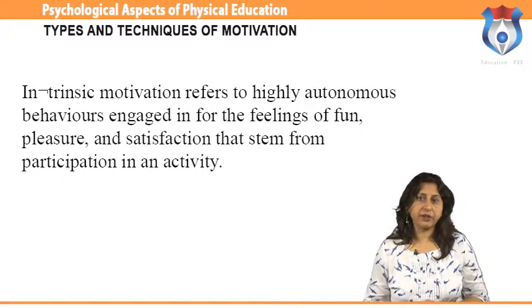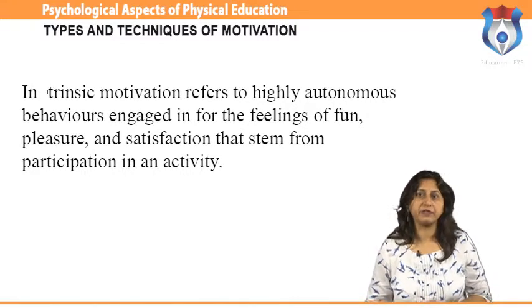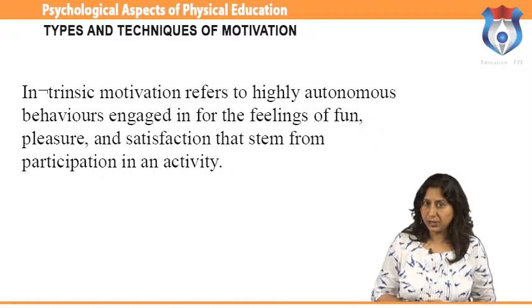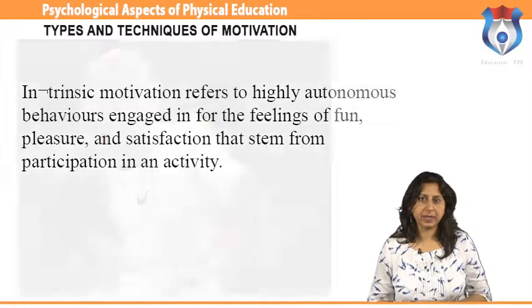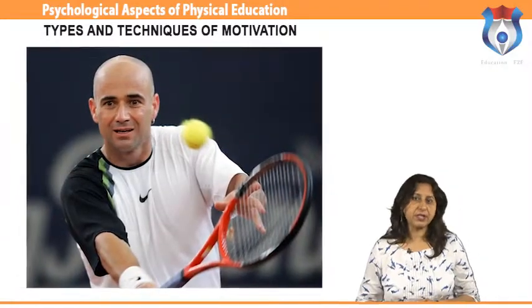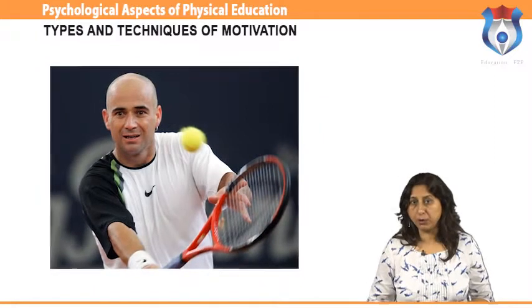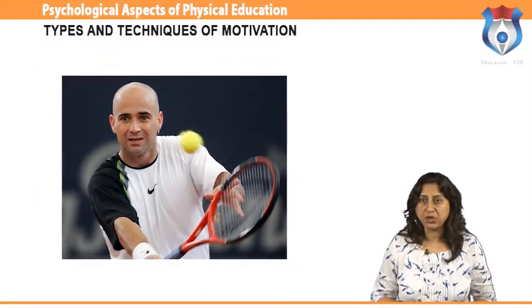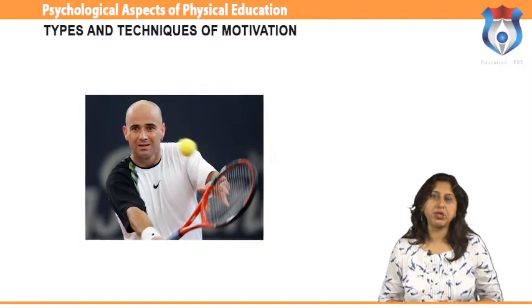Intrinsic motivation refers to highly autonomous behaviors engaged in for the feelings of fun, pleasure, and satisfaction that stem from participation in an activity. Although previous research has studied the determinants and consequences of intrinsic motivation from a one-dimensional approach, recent research has adopted a multi-dimensional perspective.